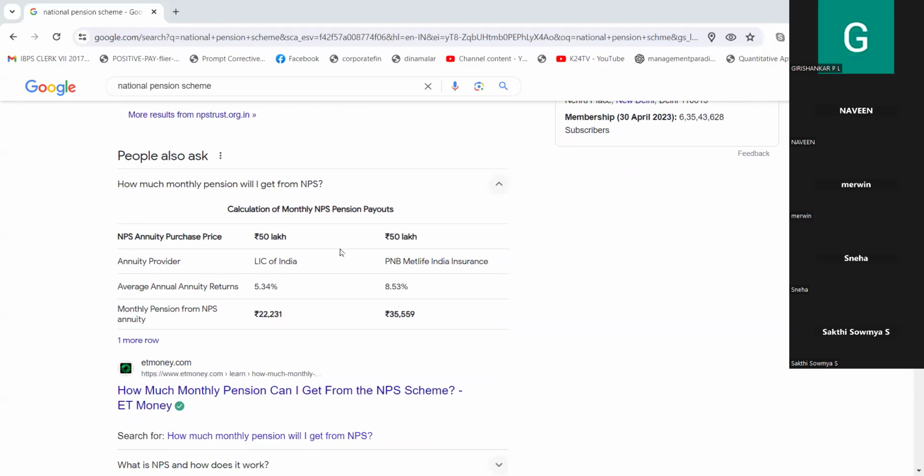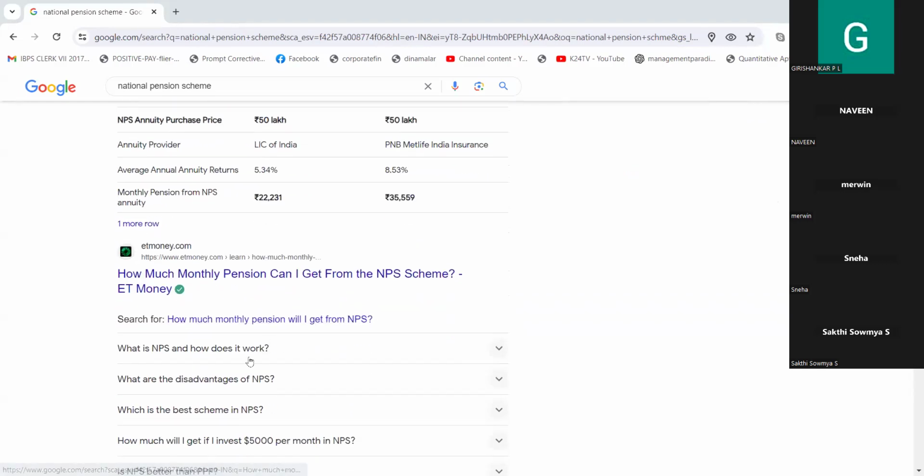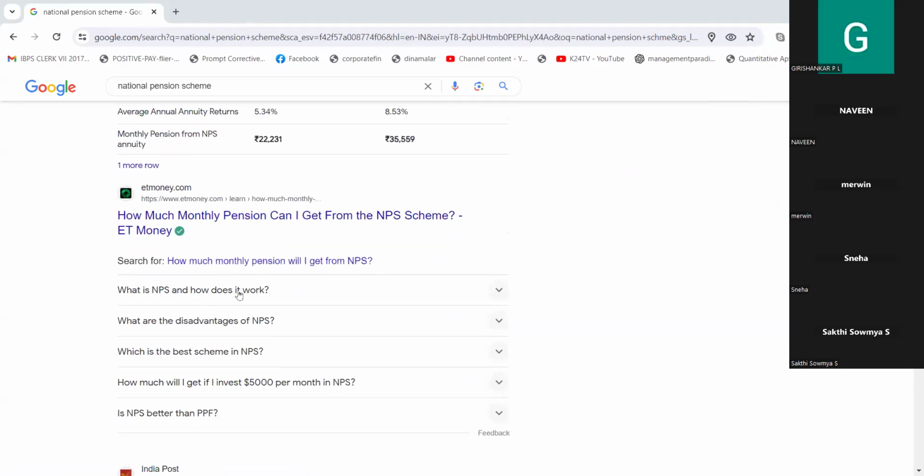Calculation of NPS payouts and NPS annuity providers: LIC of India, PNB, MetLife. I don't know what it is. I'm not understanding. What is NPS?